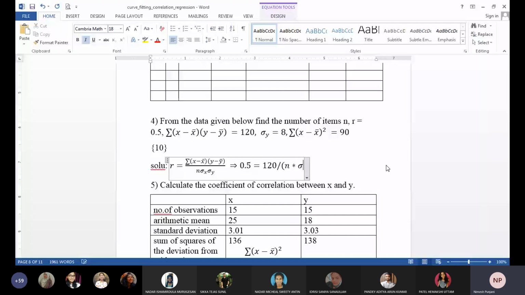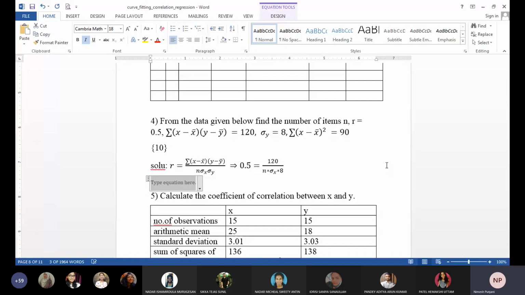So sigma y, whatever is given, we will substitute. Sigma x is not given, and n is what we are supposed to find out. Okay?